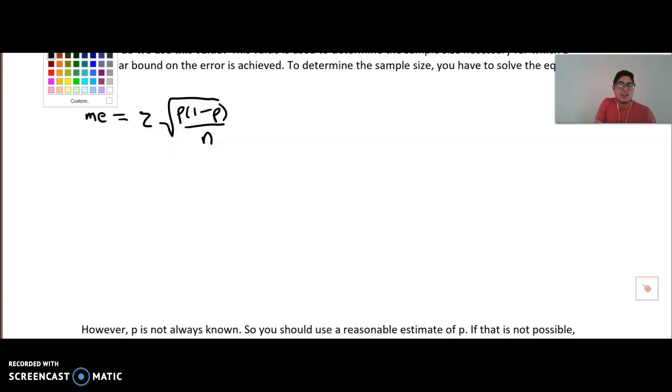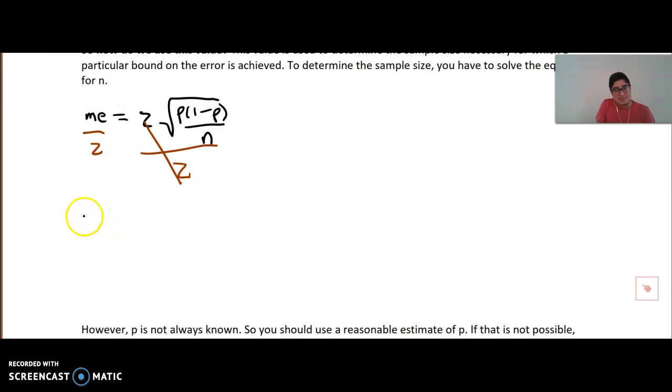Well, the first thing we're going to want to do is divide by z star. And I do not like working this formula out. You do not need to memorize this formula, but be prepared to algebraically reason your way through it. It has shown up on some FRQ questions and some multiple choice questions. But you're all wonderful mathematicians and statisticians, so this will be no biggie.